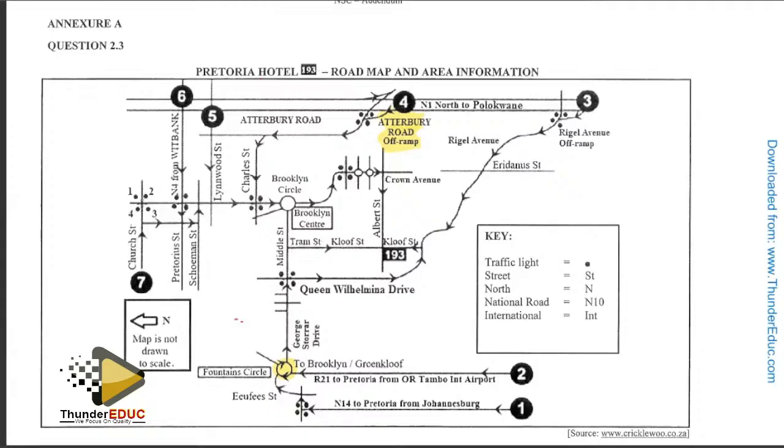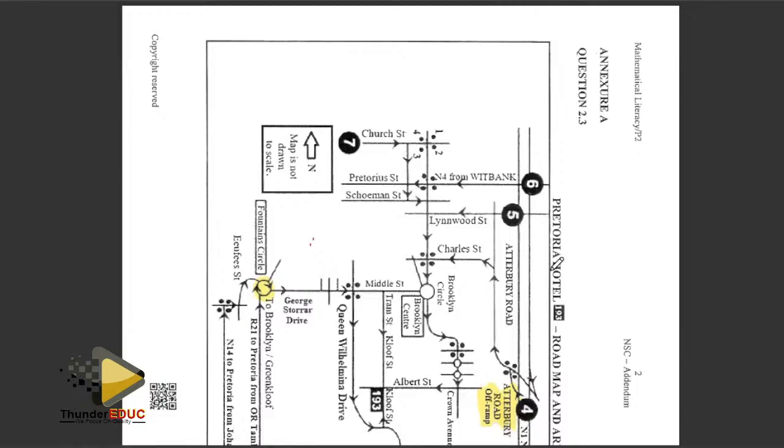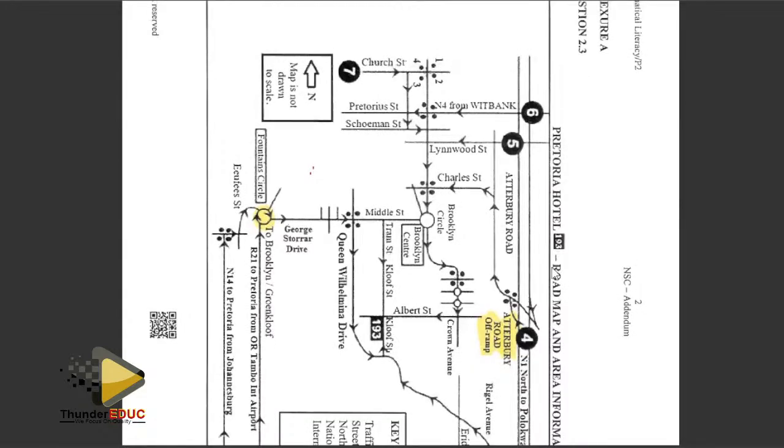So if you're here, you need to know which direction it is, south or east. Because if we are here and you draw the compass, this is north, east, then south. So it's southeast.